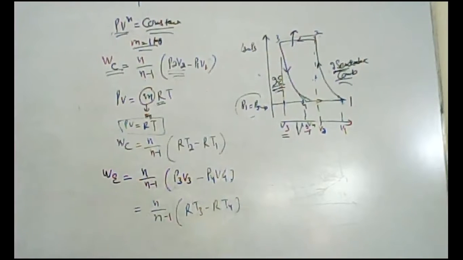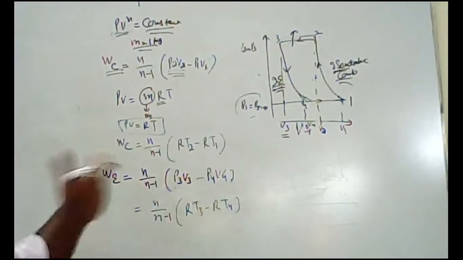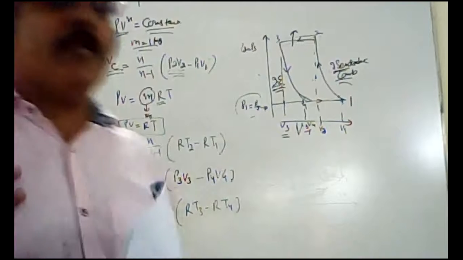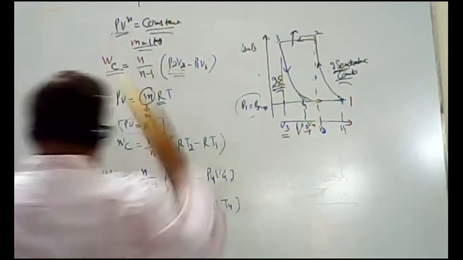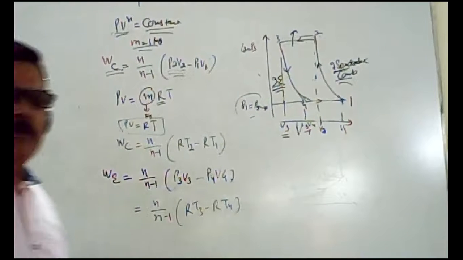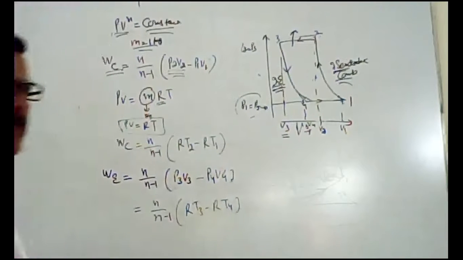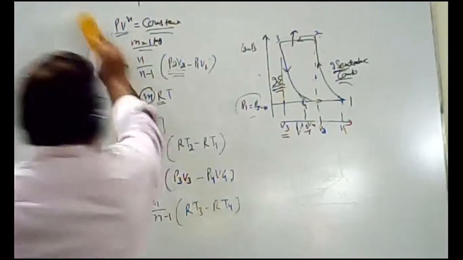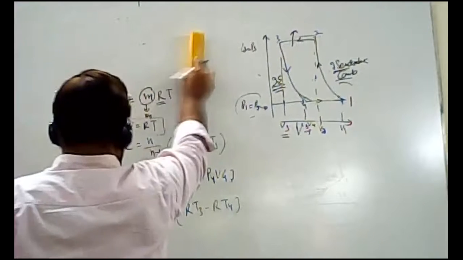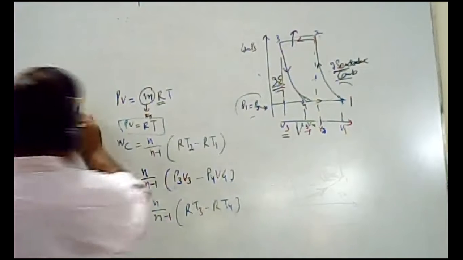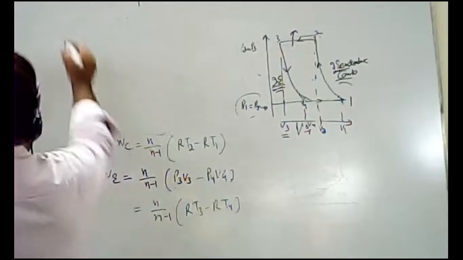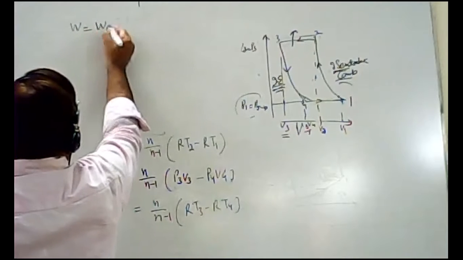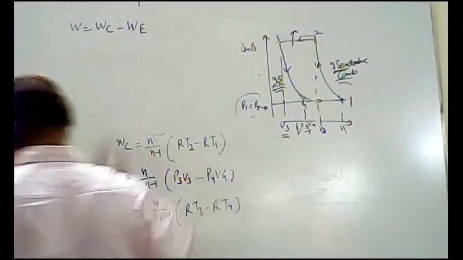So what will be the total work done? Everybody knows it is the difference between the work done by the compression process and the work done by the expansion process. So net work done will be equal to work done during the compression process minus work done by your expansion process.